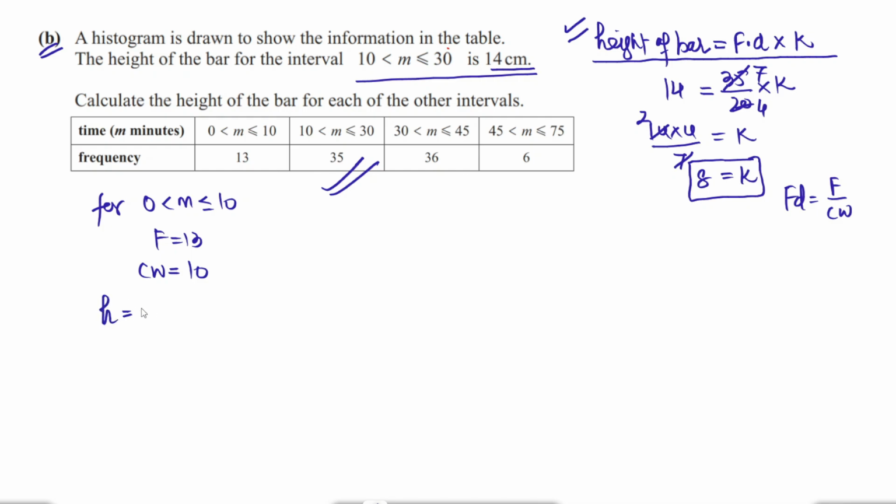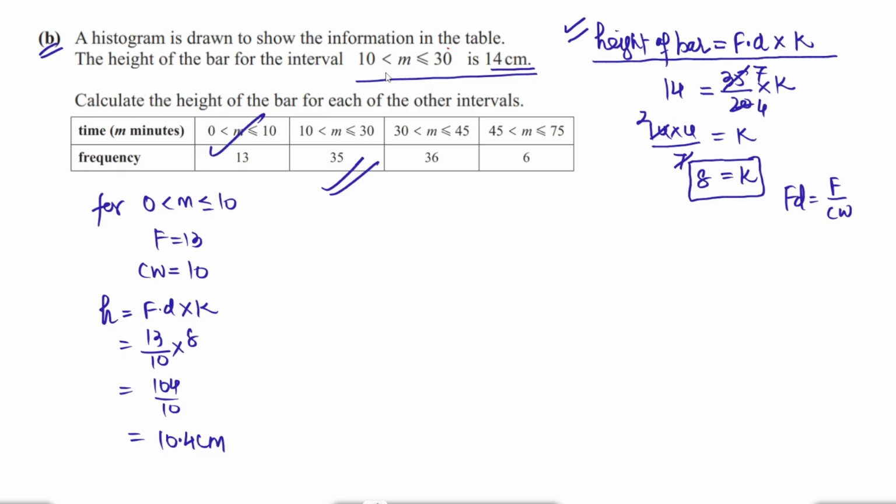Height of the bar is frequency density into the k constant. Frequency density comes out to be 13 by 10 into k constant, that is 8. So 13 eights are 104 upon 10. You can use the calculator as well. So 10.4 centimeter is the height of the histogram bar for this section.